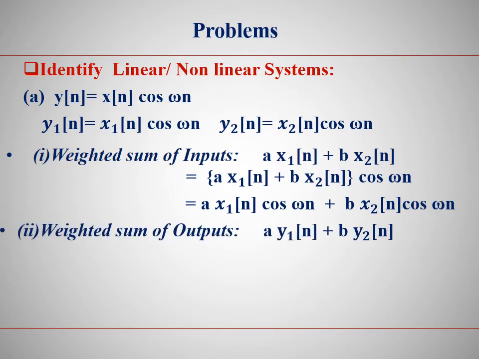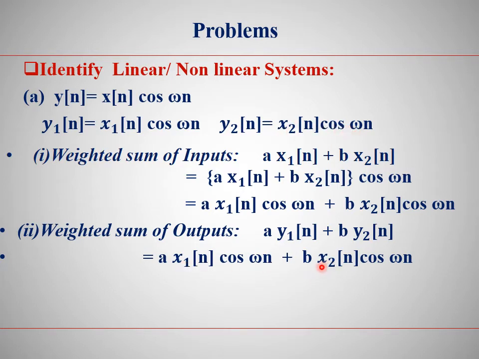Let us see what the weighted sum of outputs would be. The weighted sum of outputs is represented as a into y1 of n plus b into y2 of n. Let us substitute y1 of n and y2 of n here: y1 of n is x1 of n cos omega n and y2 of n is x2 of n cos omega n.